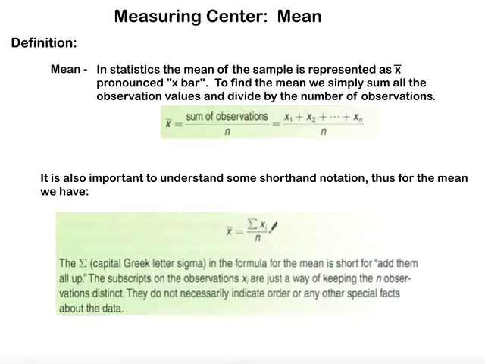If n is 5, you could have X sub 1, X sub 2, X sub 3, X sub 4, and X sub 5, but you couldn't go to X sub 6 because you only had n observations.